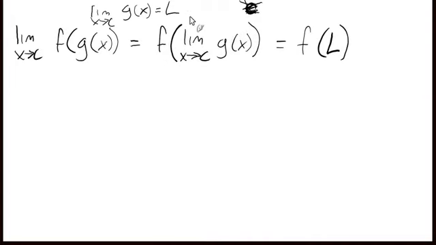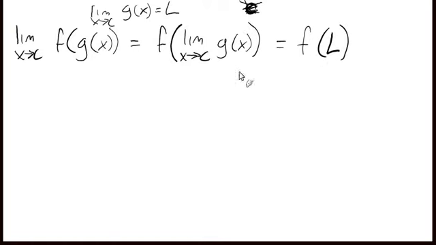That number is just going to go into the function f, and we're going to find f of L, and that's going to be our new limit. Okay, so at this point the limit gets evaluated, and then the limit is not a consideration anymore because we've already found it for g. So if you know the limit for some function g that's inside another function, then you can just find that limit, put that number into f, and find the result.